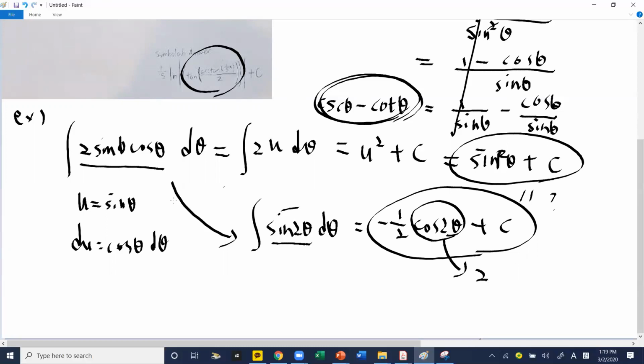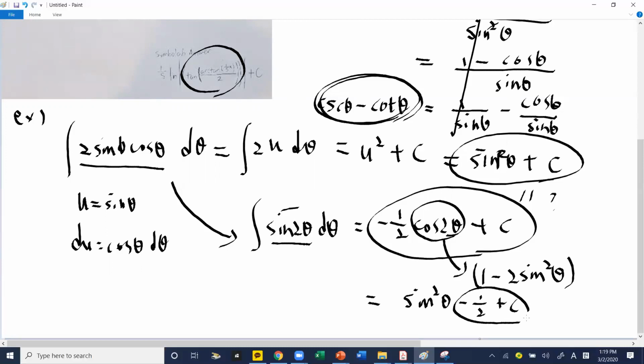I want to rewrite the cosine 2 theta in terms of sine. This is 1 minus 2 sine squared, right? Yeah. If you multiply this one, you will get sine squared theta minus 1/2 plus c. You can control the constant parts, so they must be the same. You know what I'm saying? Okay. So even if they look different, they're all technically the same.